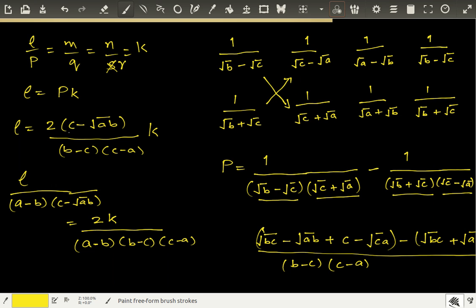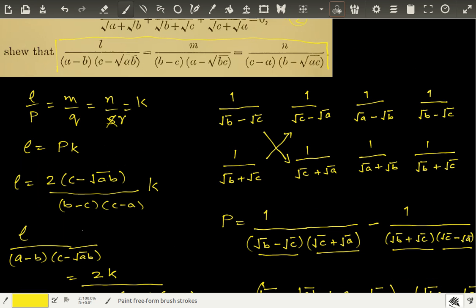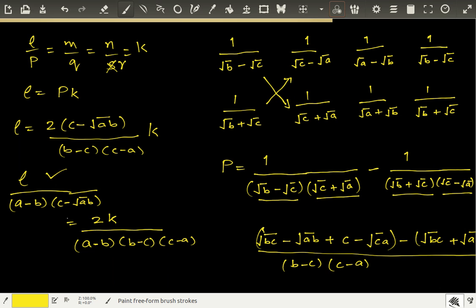You can see that c minus root ab, I have just brought it down to this side in the denominator, and because I have divided l by a minus b here, I have to divide this side also by a minus b here. So we have already shown that this expression over here is equal to this expression over here, and the value of this expression is 2k over a minus b, over b minus c, over c minus a.